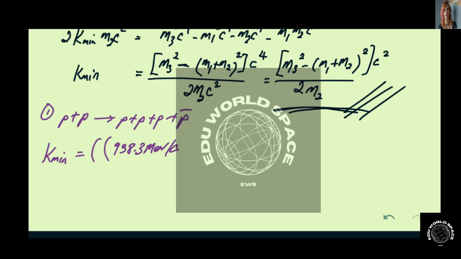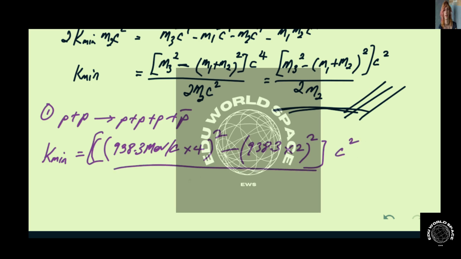So M3 is just 4 protons square minus 938.3 times 2 square. Multiply this by c square divided by 2 times of M2, where M2 is mass 938.